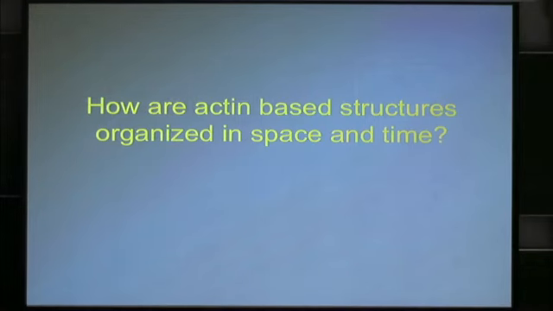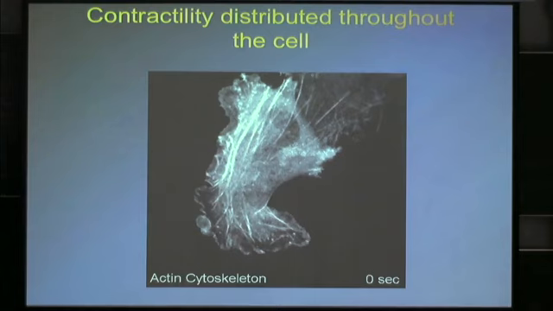So now we have the cell, and it has those signals from the outside, and it is changing its morphology or establishing its morphology. So how are those structures now organized in space and time? Let me go back to the contractility and the localization in the cell.